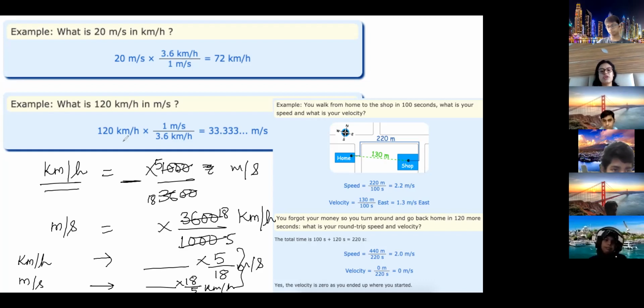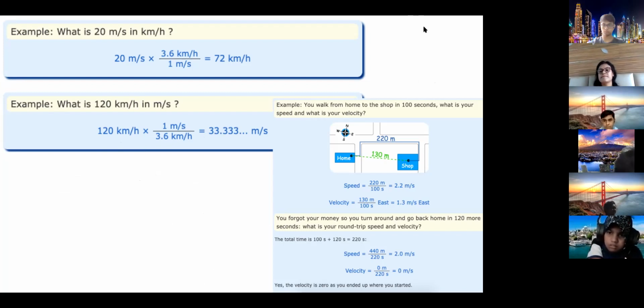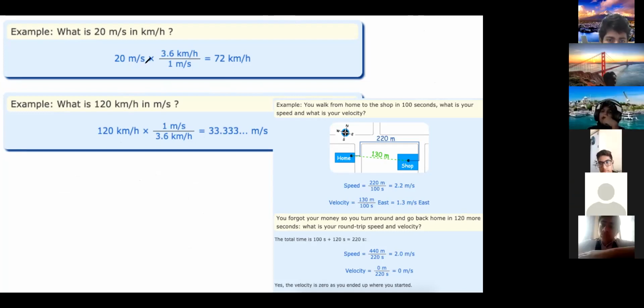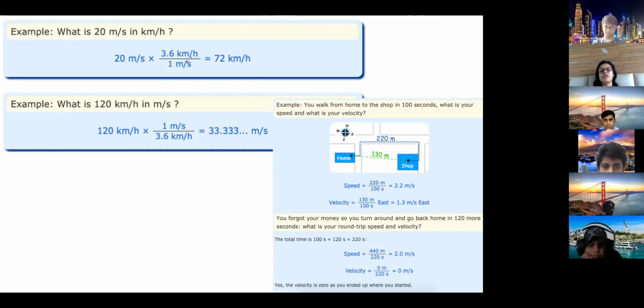Because questions will be asked, then find the answer in meter per second or kilometer per hour. Is it clear, everyone? Yes, ma'am. So 1000 by 3600 converts kilometer per hour into meter per second, but to convert meter per second, you have to multiply by 3600 by 1000, the reverse.